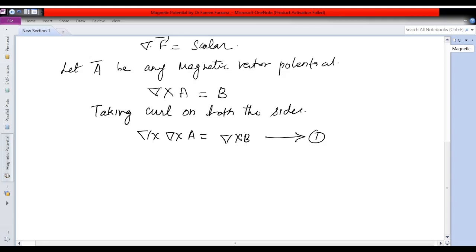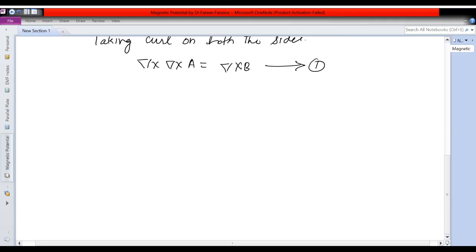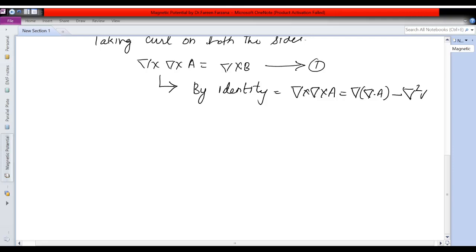Del cross A is equal to del cross B. Now I am going to write this equation by identity: del cross A is equal to del into del dot A minus del square A. Okay, so let me have this as my second equation. This is my first equation and this is my second equation.